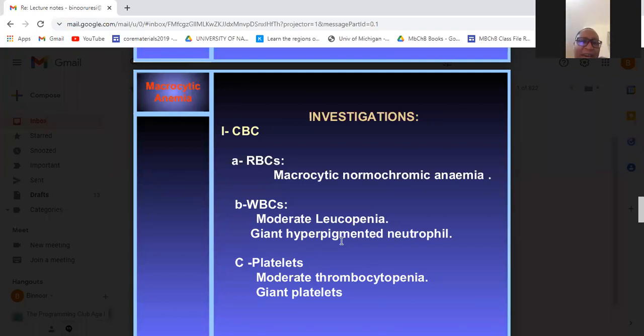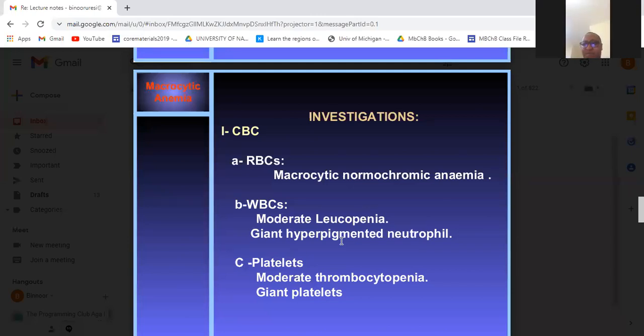Normochromic means normal color, not like in microcytic hypochromia. The central area of pallor is basically within normal, so the hemoglobinization is normal. That's what normochromic means. But the size should be big.